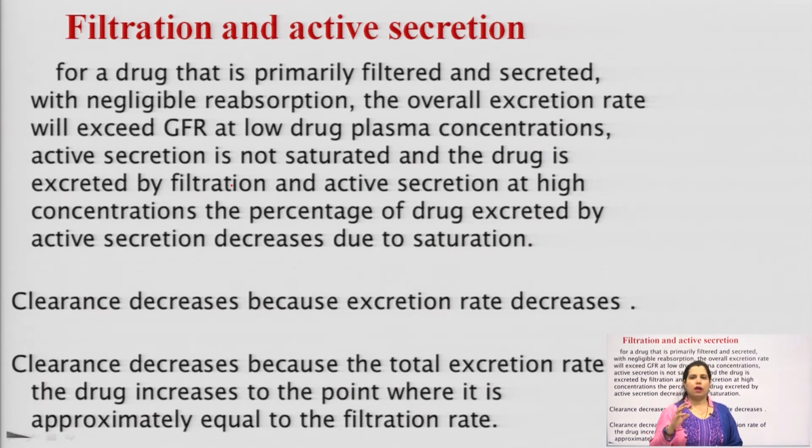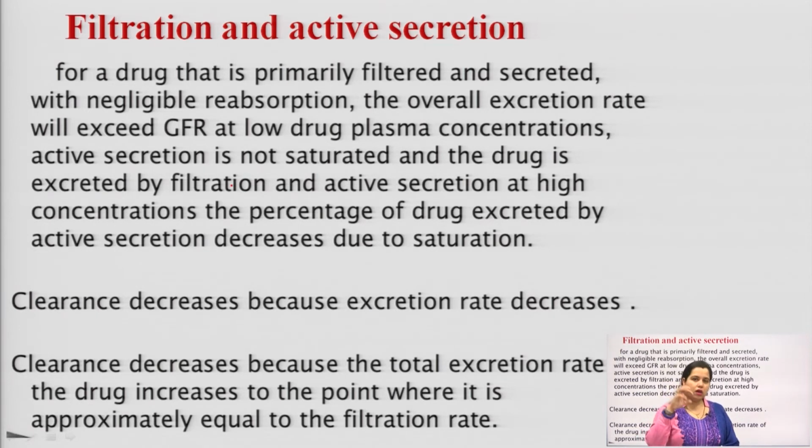Normally we consider GFR, but in this case we also consider active secretion. Now we can say that at low drug plasma concentration the excretion rate will exceed GFR, and active secretion is not saturated. At high concentration, the percentage of drug excreted decreases due to saturation.